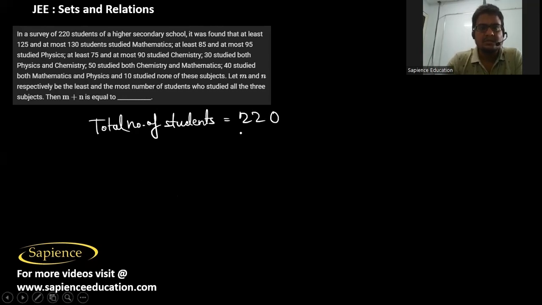It was found that at least 25 and at most 130 students studied maths, and at least 85 and at most 95 studied physics, at least 75 and at most 90 studied chemistry, 30 studied both physics and chemistry, 50 studied both chemistry and mathematics, and 40 studied both mathematics and physics, and 10 studied none of these subjects. Then M and N respectively.